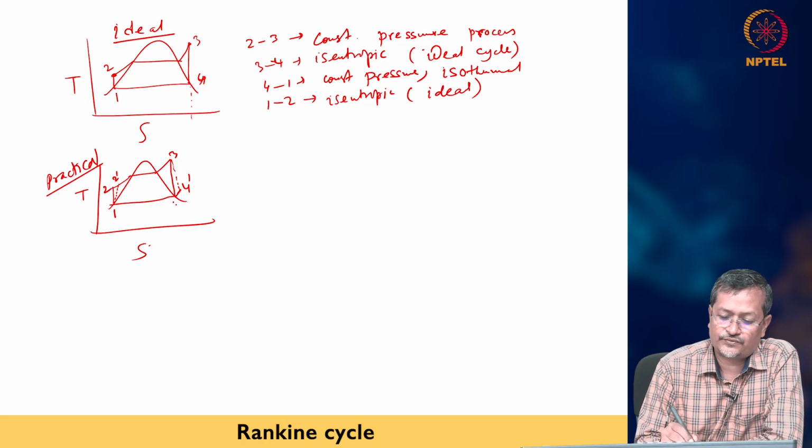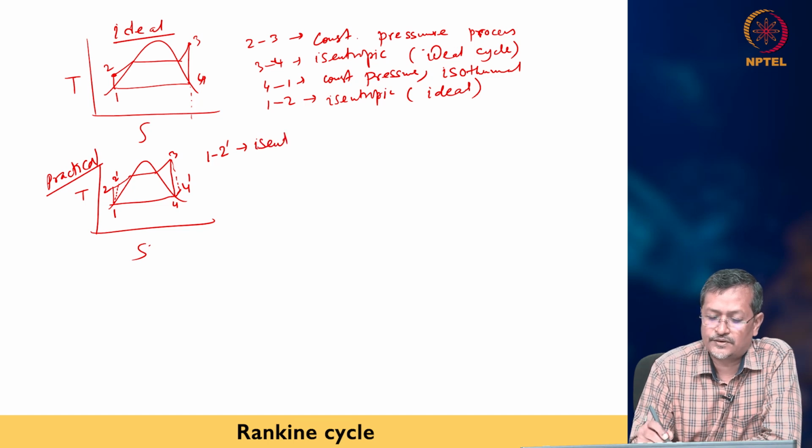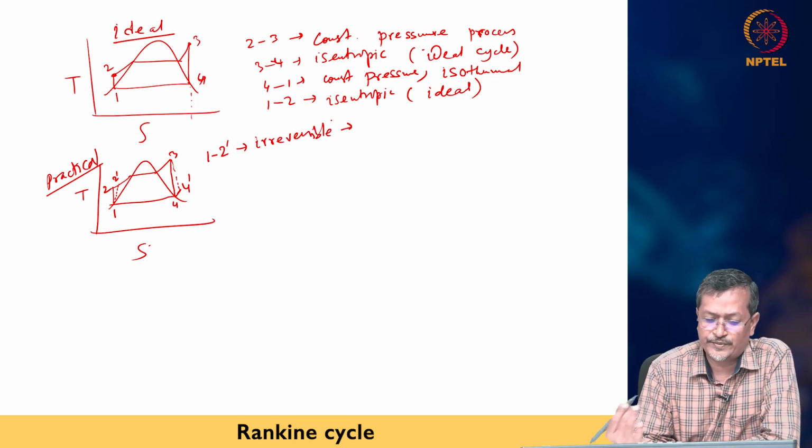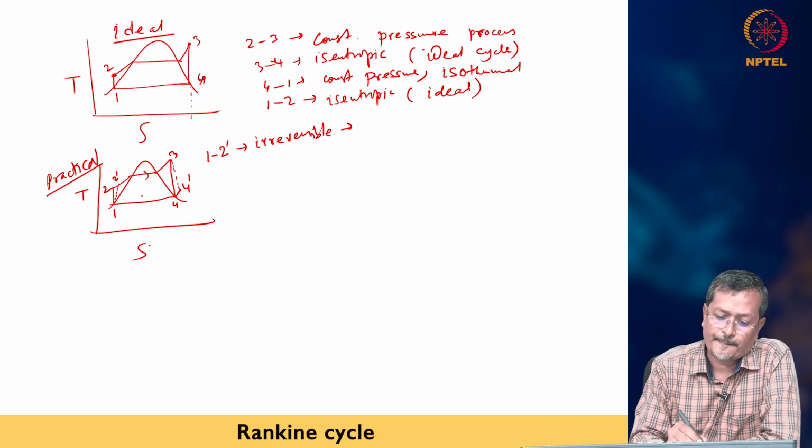So you are giving more energy and getting less energy. 1 to 2 dash is non-isentropic, so it is an irreversible process. Whenever we put a dotted line, that means it is not reversible. So energy will be lost and entropy will be generated.